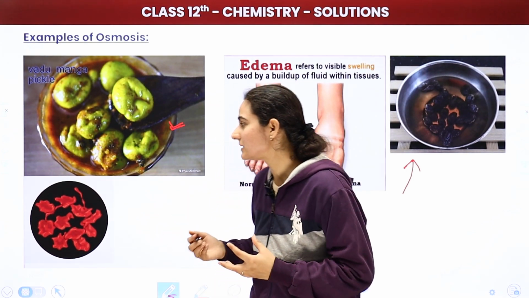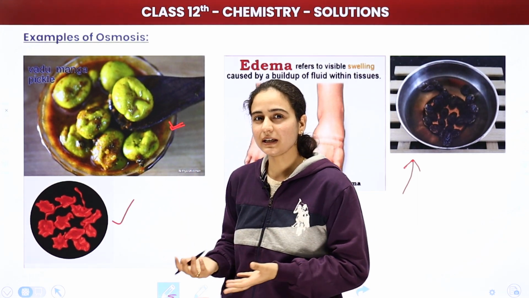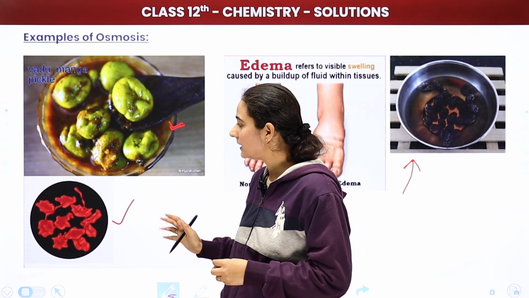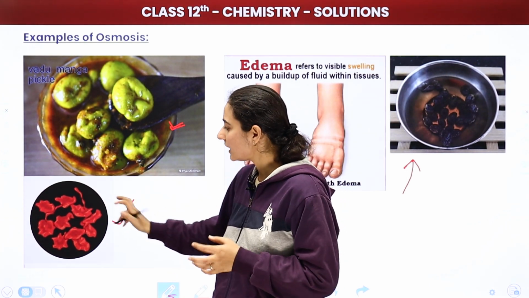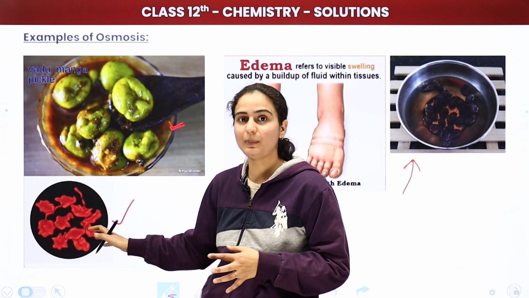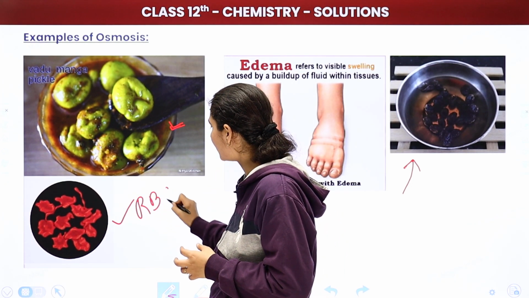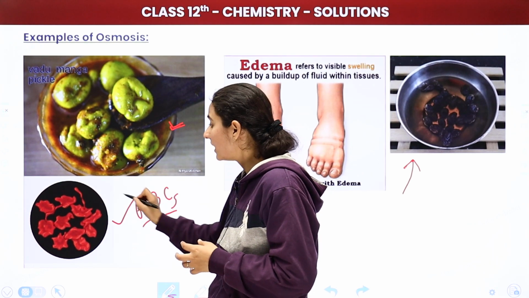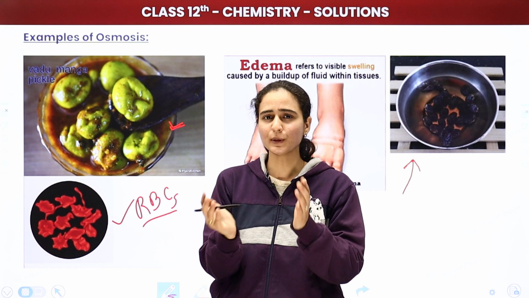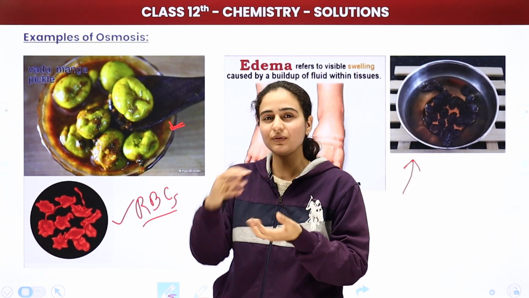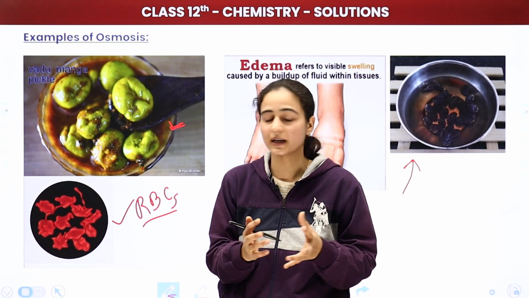Coming to the next, we can say a kind of utility of osmosis in the medical field. Here these are the red blood cells, which I'll just write as RBCs. So if we keep our red blood cells in such an environment, we have taken a beaker and in that we have added some amount of salt. So that becomes our solution.